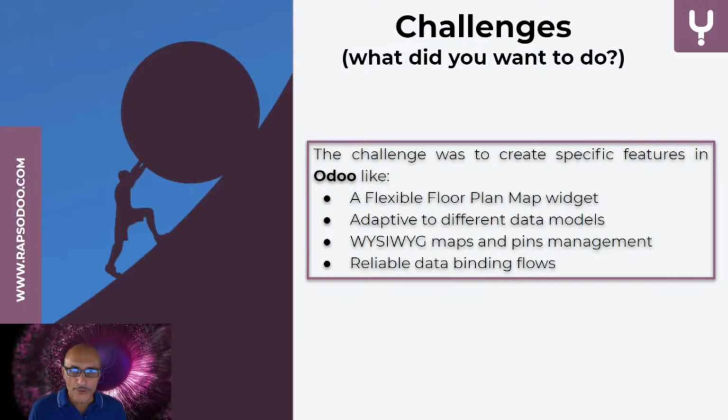And a what-you-see-is-what-you-get interface to handle maps and pins in an intuitive way, and to have a reliable programming API interface and data binding flows, so to help developers to use this widget in future easily, in a really powerful way.